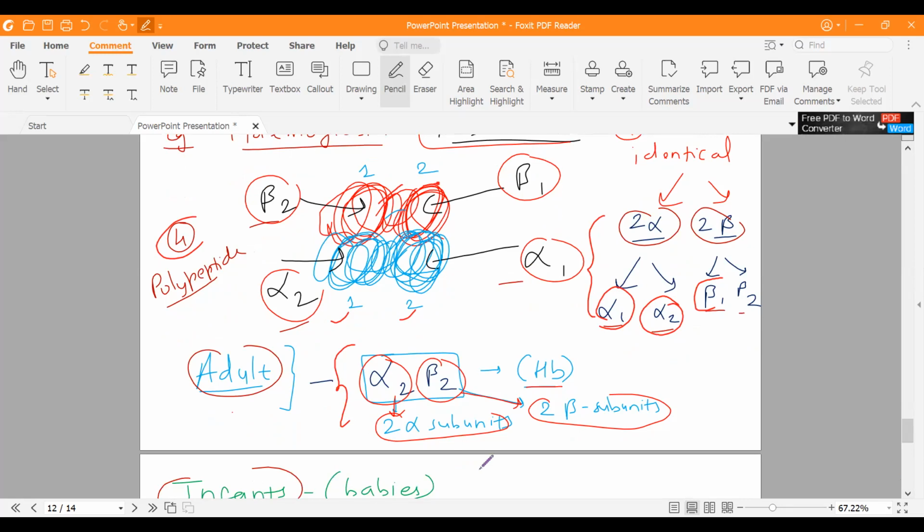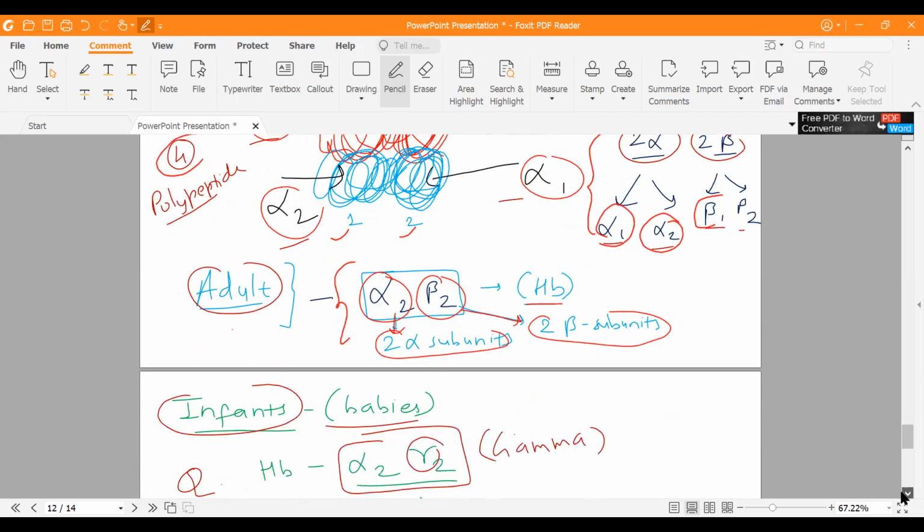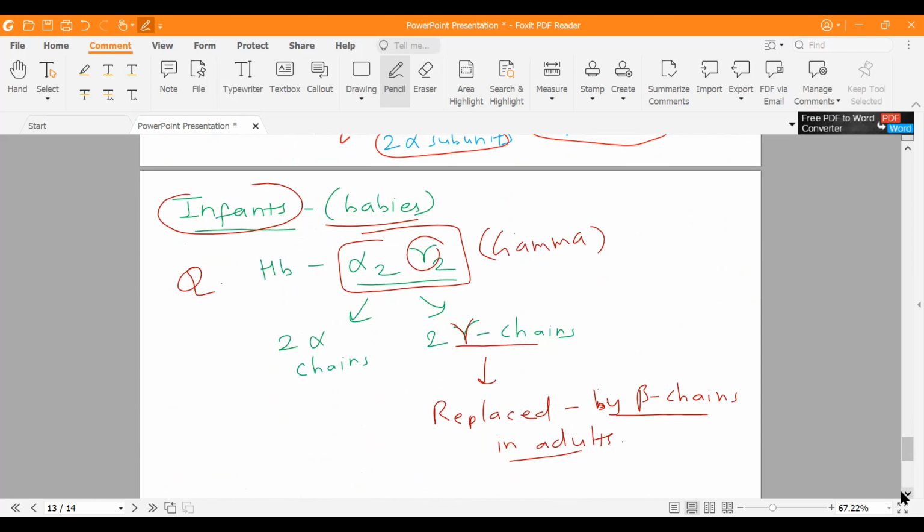Got it? They have asked this question in NEET: what is alpha 2 beta 2? The answer must be hemoglobin. Then there is also an AIIMS question about babies. Young babies at birth initially have alpha 2 gamma 2.